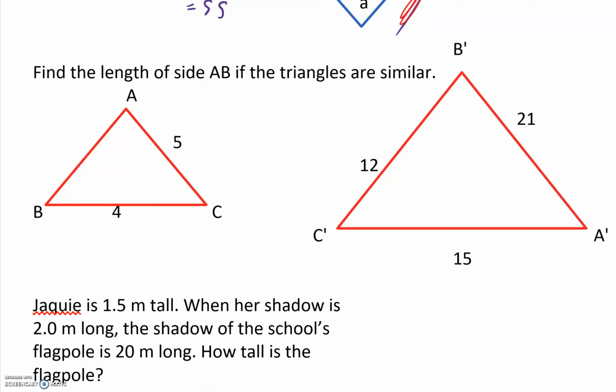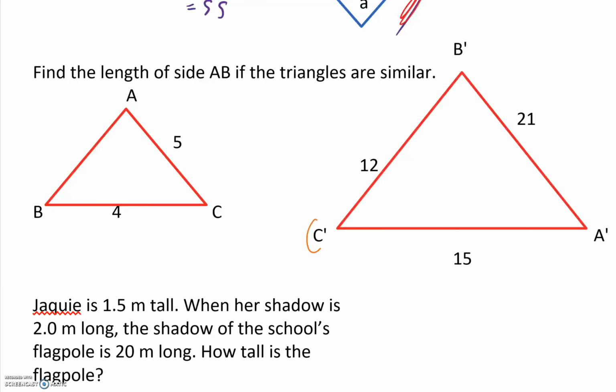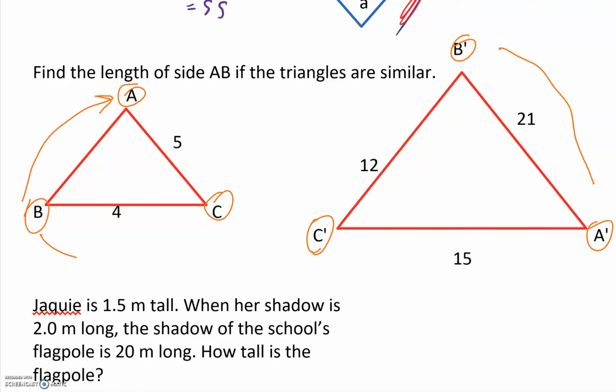So I most helpfully put this little tick above all these letters, so you can see that C is C here, B is B here, A is A. So between A and B, we have this 21, right? Between B and C, we have 12 and we have 4.